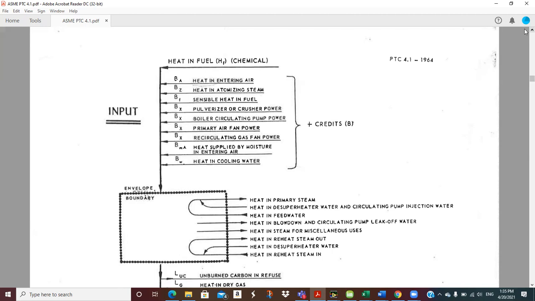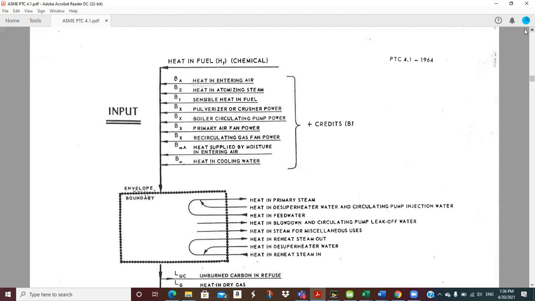So that would need to be accounted for. If boiler circulating pump power, if we have a forced circulation, kind of pumping the feed water up through the water wall tubes instead of letting it happen by natural convection, then we would need to include that power. If it's natural convection, then you just won't have that piece.